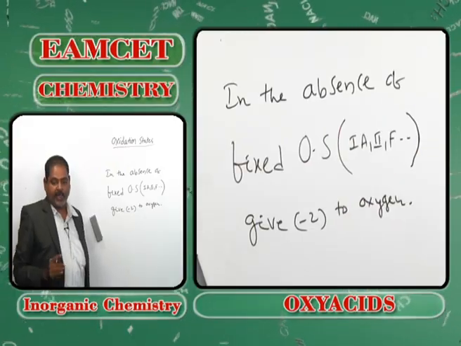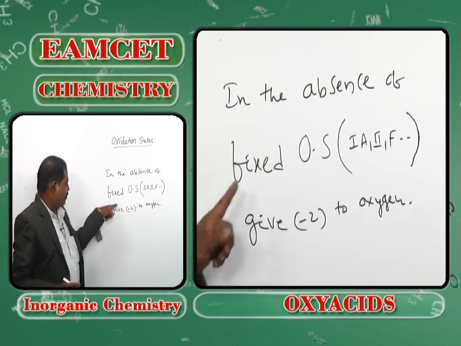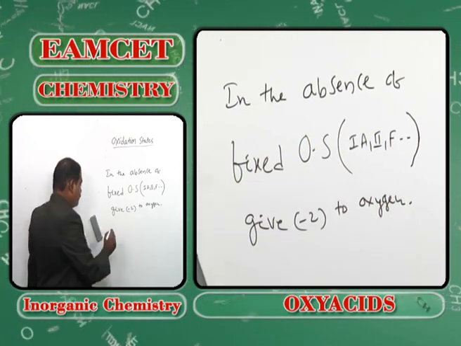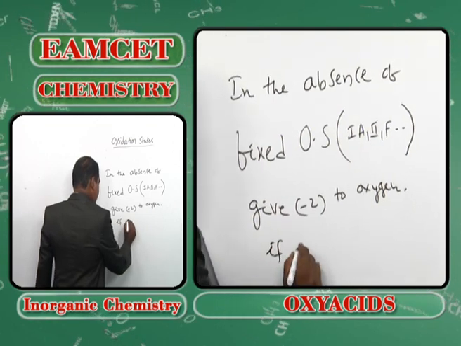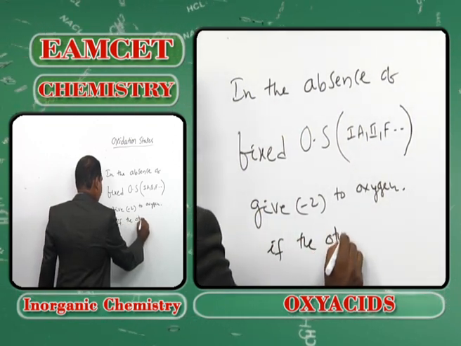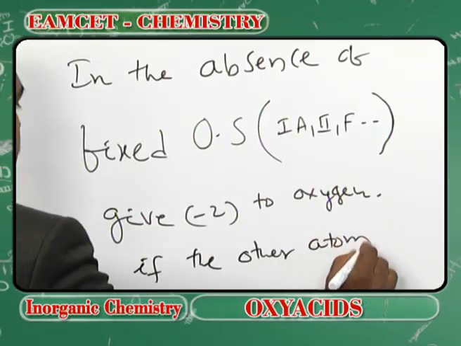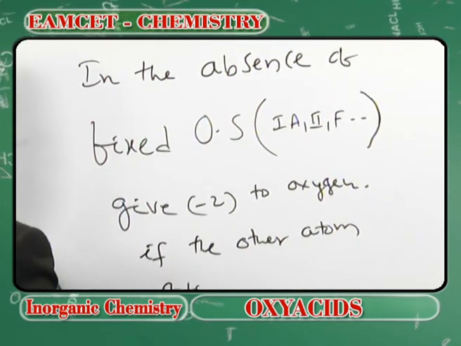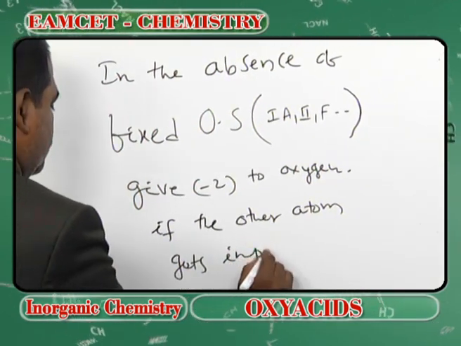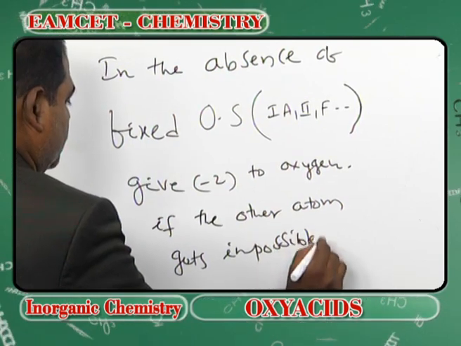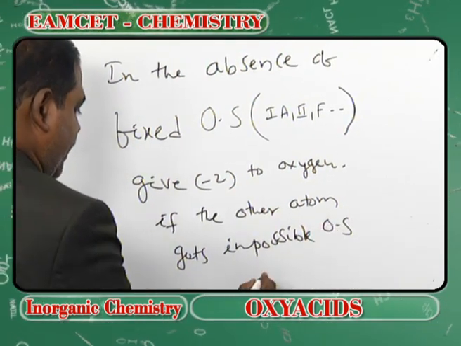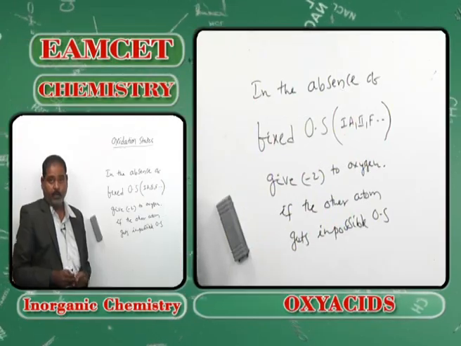It is only a trial and error. When you give minus 2 to oxygen, if the other atom gets an impossible oxidation state. What do you mean by impossible? Higher than the group number.